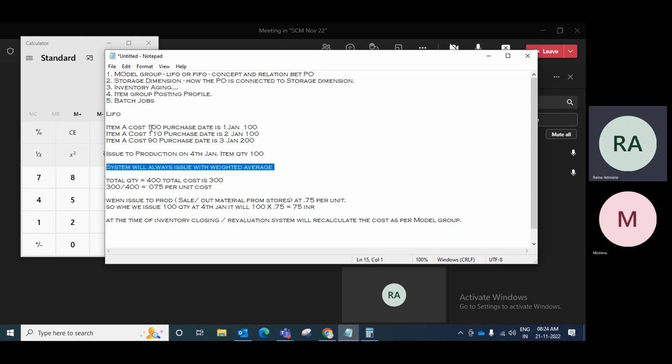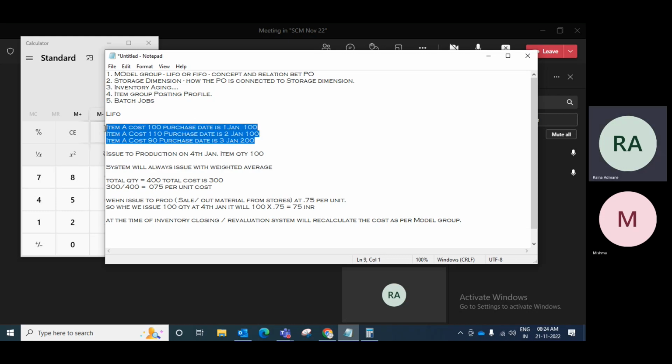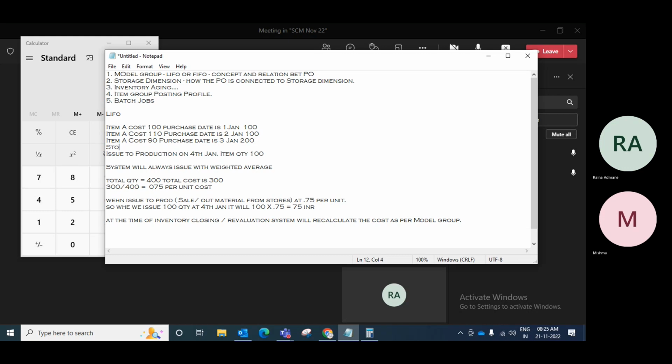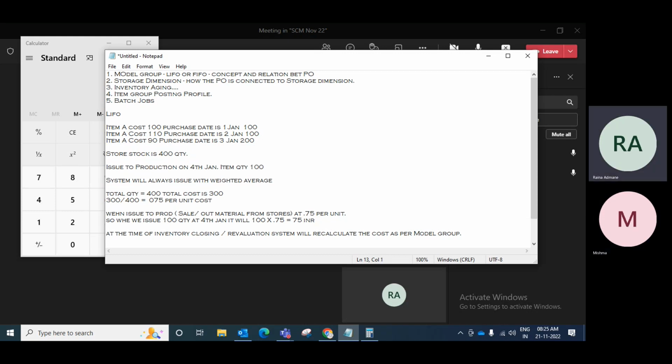So you can say you have purchased three POs with three different vendors for the same item. Now your store stock is 400 quantity. This is your store stock. Now you are issuing to production.